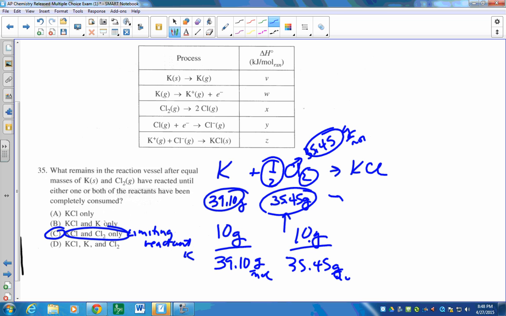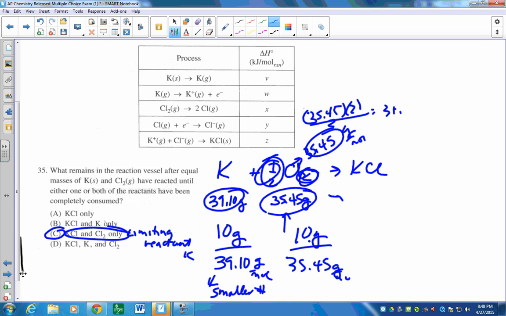Remember, I already took care of the fact that this is a half and this is a 2 by taking 35.45 times 2 divided by 2. It's still 35.45. So if I do this in my head, obviously 10 divided by 39 is a smaller number. So this is a smaller number than this, and so this is the limiting reactant.